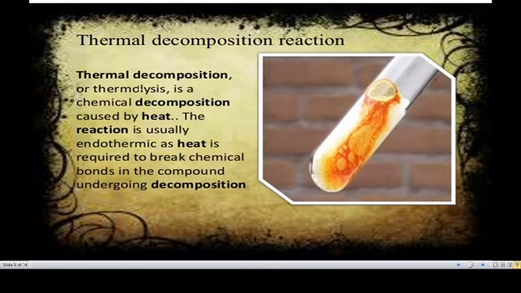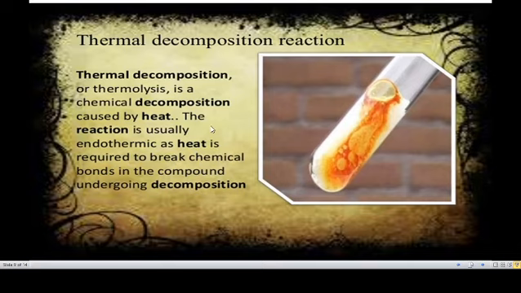Another example of a thermal decomposition reaction, or thermolysis reaction, is a chemical decomposition caused by heat. The reaction is usually endothermic as heat is required to break chemical bonds in the compound undergoing decomposition.